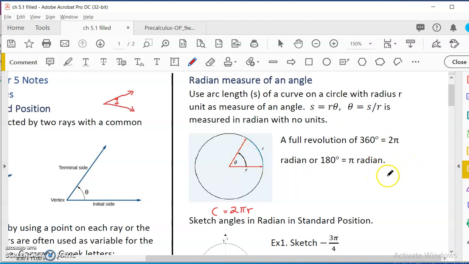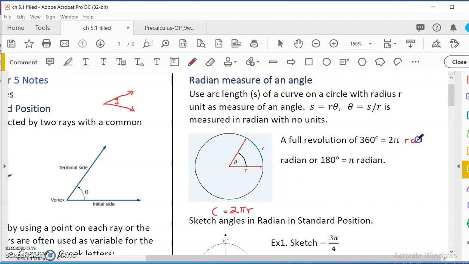And so if I go through one 360 degree revolution, then the angle is 2 pi radians. Why? Because that's 2 pi r, 2 pi times r. So one revolution is 2 pi radians.